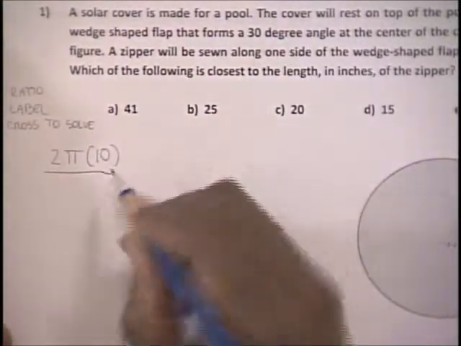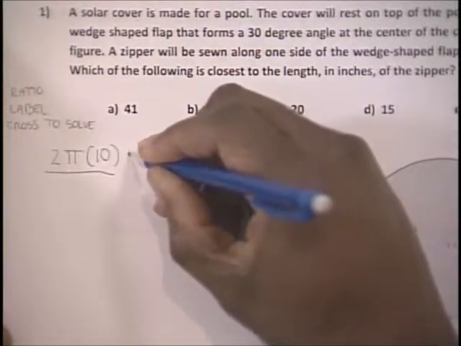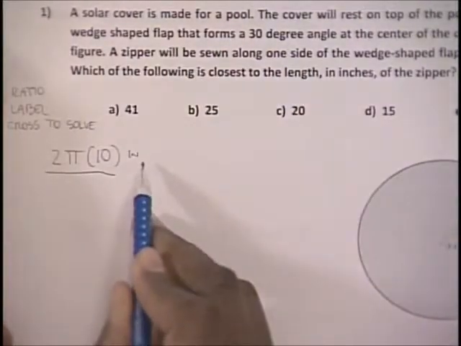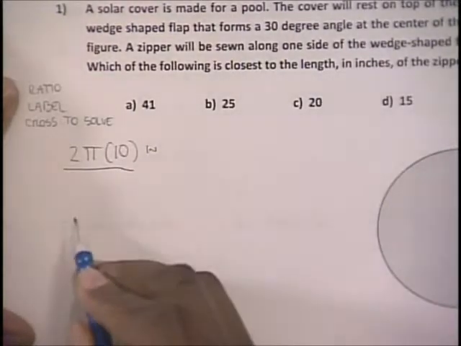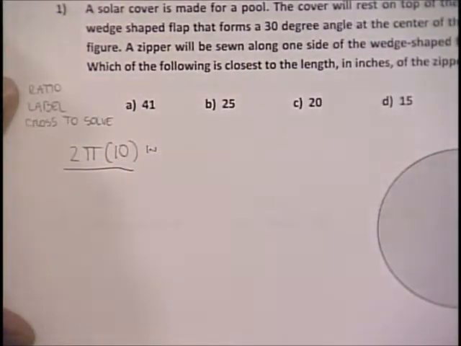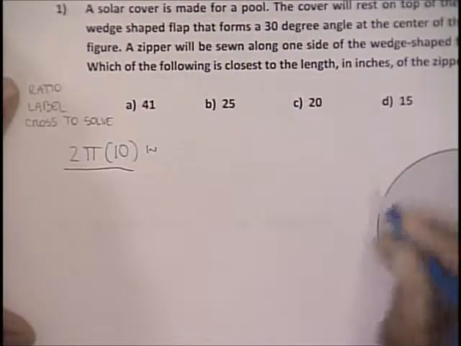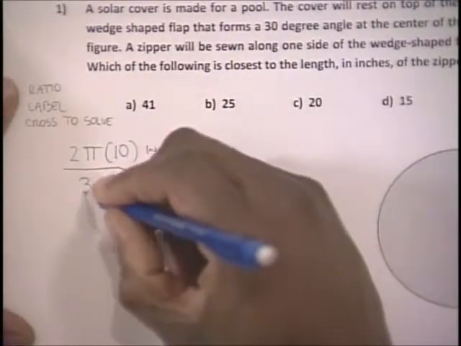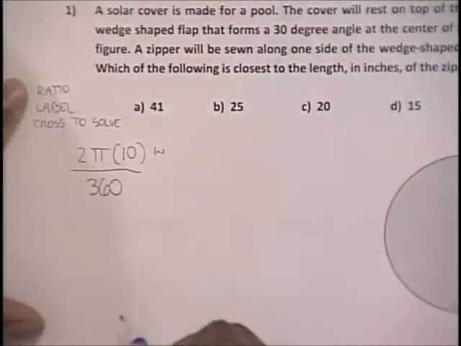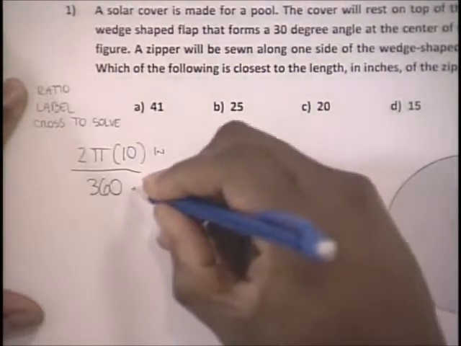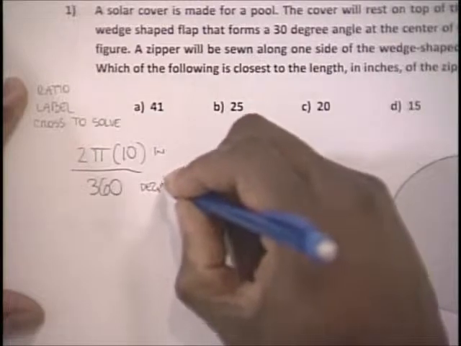That's the distance all the way around, in inches. I'm emphasizing labeling: 2 pi times the radius, inches, and the degree measure all the way around is 360 degrees. So that's the ratio. This is really the first time our ratios come from a geometric principle. So let's label that degrees.